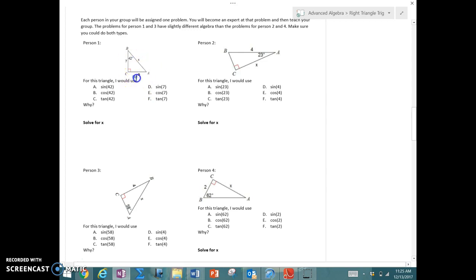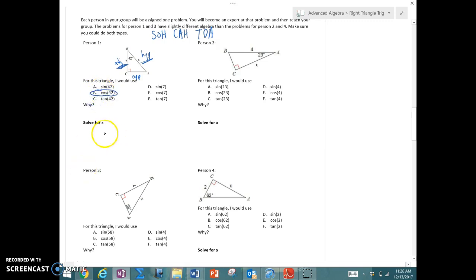Again, this is opposite, hypotenuse, and adjacent. I care about adjacent and hypotenuse. I'm going to write down SOHCAHTOA just at the top of my paper so I can quickly look at it. So adjacent and hypotenuse is cosine. So I'm looking at the cosine of 42 degrees.